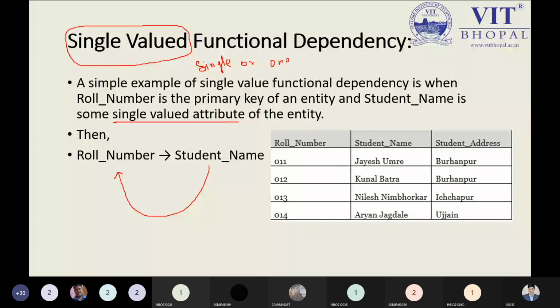One attribute will be on both sides. Now, is it clear to all right now? Yes, tell me. Anything you need to ask?